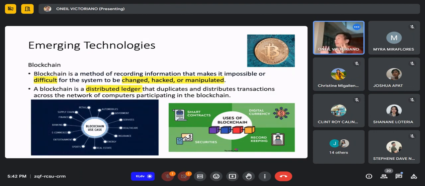To give you an example of a use case, say you're doing online sales. In doing online sales, the blockchain would have different departments. The sales order would be duplicated to the shipping department, which is outside the organization, physical.